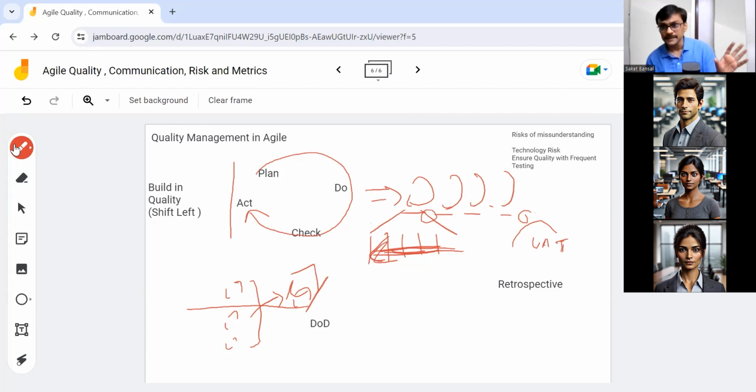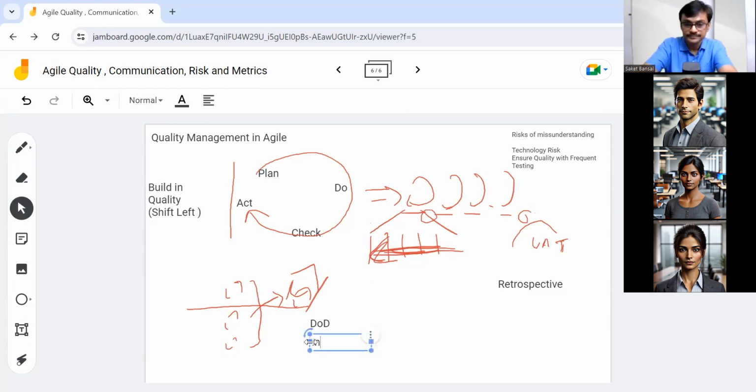But from a Scrum perspective, they give you DoD to have a common understanding of what completion means. And that common understanding between team and stakeholders takes care of intrinsic quality as well, internal quality. The internal quality of your work is based on the nature of your definition of done.